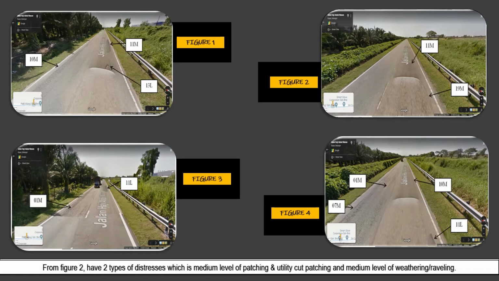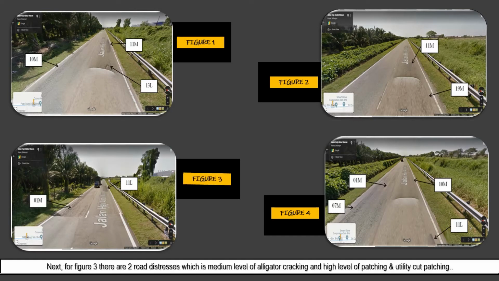From Figure 2, there are 2 types of distresses, which are medium level of patching and utility cut patching, and medium level of weathering or raveling. Next, Figure 3 has 2 distresses, which are medium level of alligator cracking and high level of patching and utility cut patching.